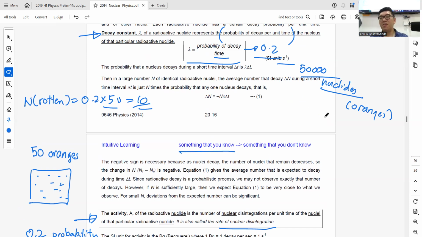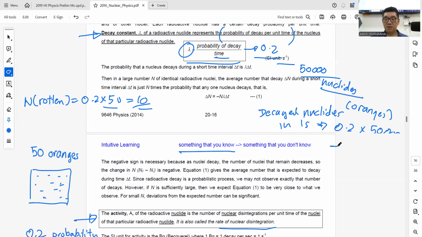And I tell you the probability of decay, per unit time, per second, is 0.2. How many nuclides are decaying in 1 second? What would that be in terms of the math? It'd be 0.2 times 50,000.